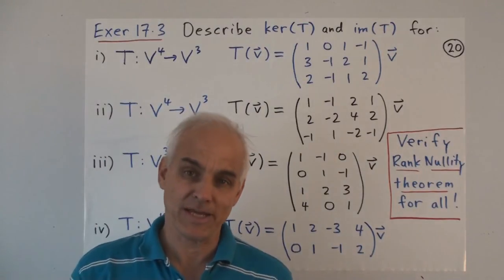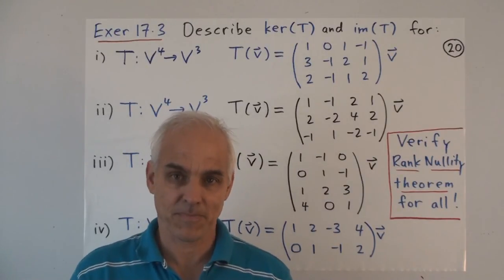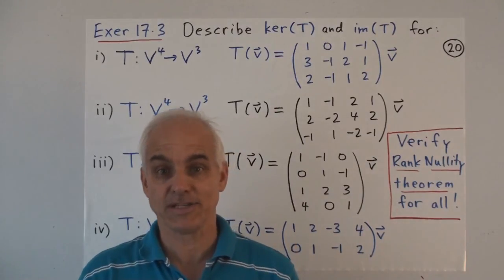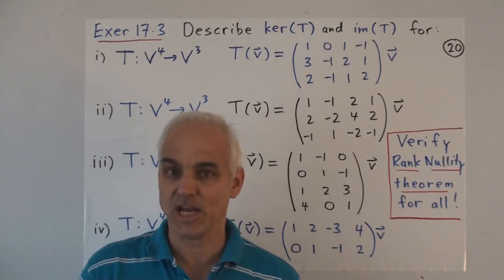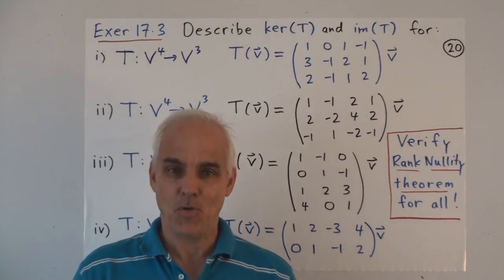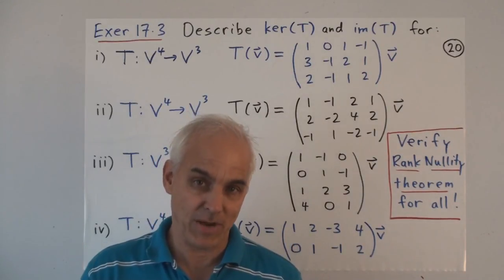Now, the geometrical insights that we've been gaining are going to be put to use next time. We're going to go back to the standard problem of solving linear systems or inverting a linear change of coordinates. And we're going to look at it with fresh eyes with this now enlarged geometric intuition that we have.